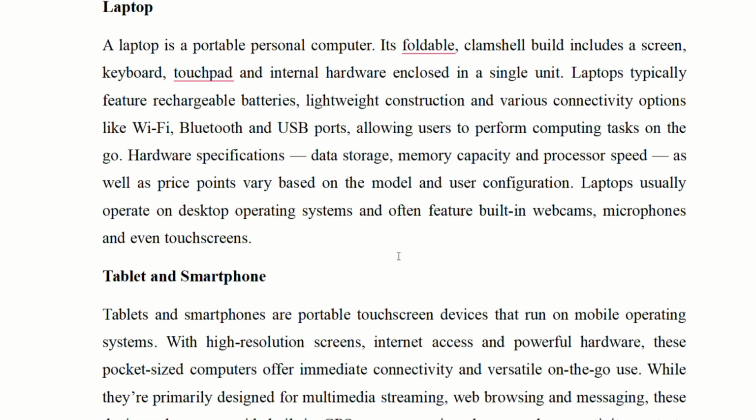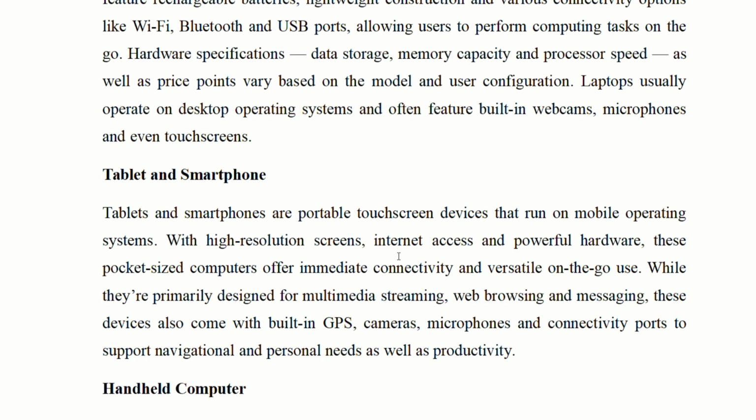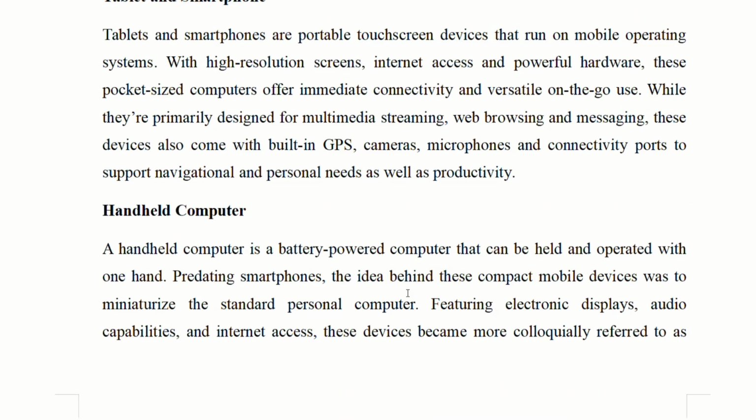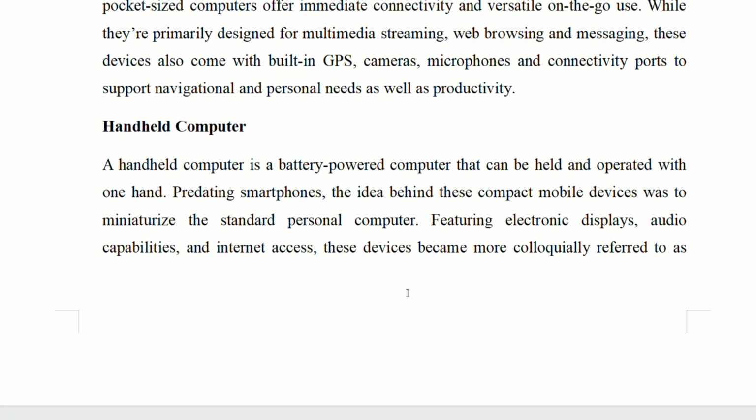In this present generation, everyone uses a smartphone. The smartphone is one of the types of computer. Tablets, smartphones and some small phones also come under this type. This is the fourth type, also called the handheld computer.